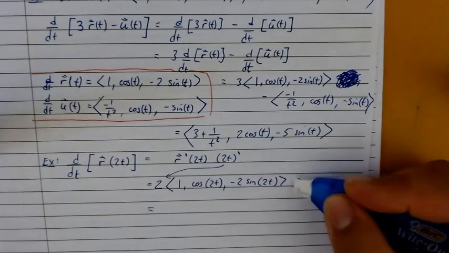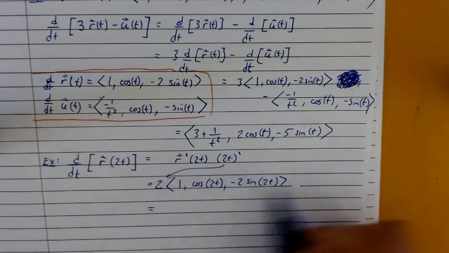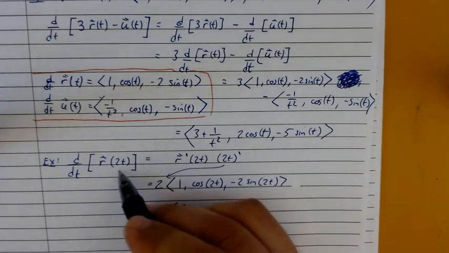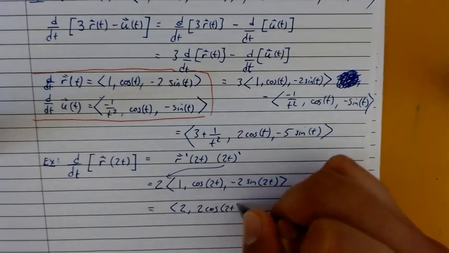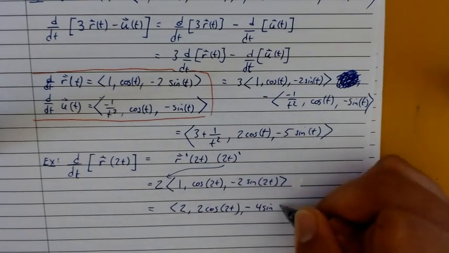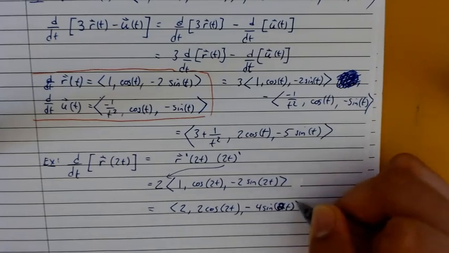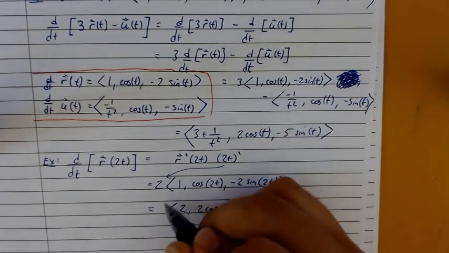There's nothing wrong with having it at the end, it just looks kind of weird. There we go. So now we can distribute that scalar throughout our vector, and that'll give us the result. The derivative with respect to t of r of 2t would be 2 comma double the cosine of 2t minus quadruple the sine of 2t. Just like that. 2 comma 2 cosine of 2t minus 4 sine of 2t. And that's our result.